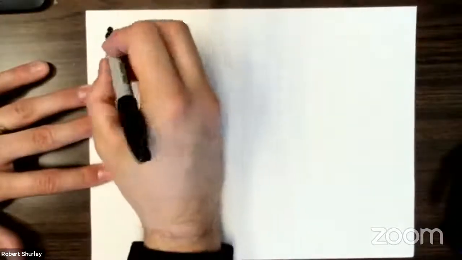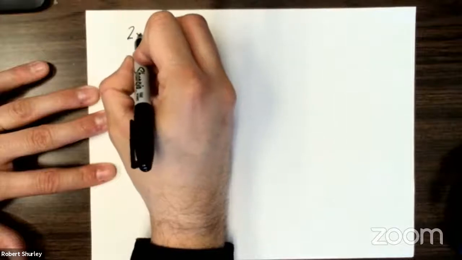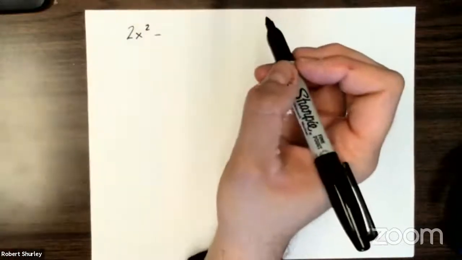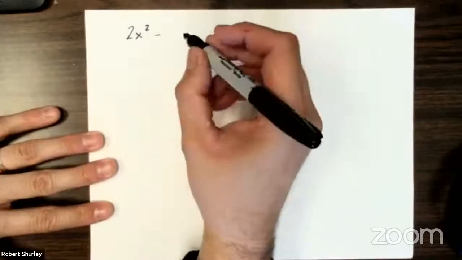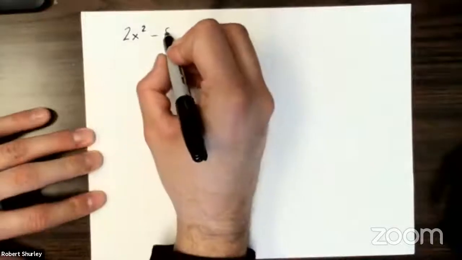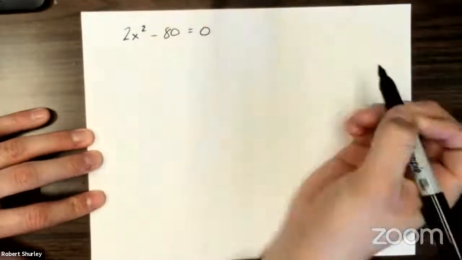So let's say I gave you 2x squared minus 80 equals 0.